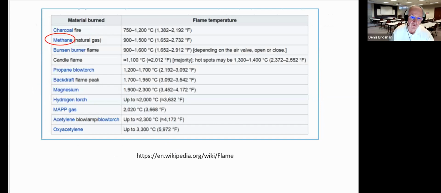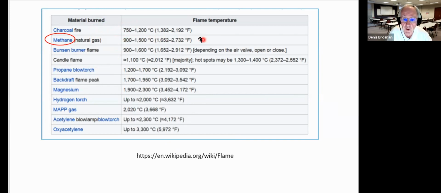Now, you can also search the web, as I've done here, and you can find some practical combustion temperatures for methane. The resource here says we get 900 to 1500 degrees C, up to about 2732 degrees Fahrenheit. That's pretty much my experience when you're using air as a combustion source.